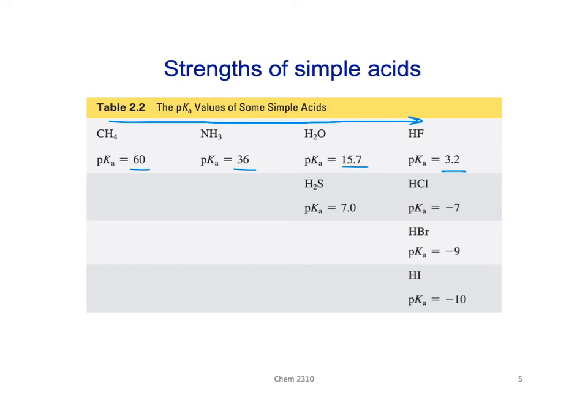As we go down the periodic table, the pKa's also get more negative. That means it's increasing acidity. And remember, in this case, this has to do with size. This is with electronegativity up here. As the atoms holding the minus charge become bigger, they spread the charge out more, and that helps stabilize the conjugate base.